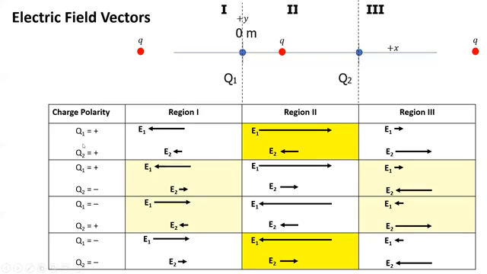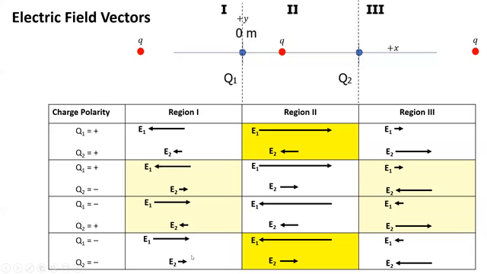Okay, so now let's consider all three regions. Notice that in the white regions, the E field vectors point in the same direction. In other words, the net electric field in region 1, if they're both positive, or in region 3, if they're both positive, is in the same direction. The net E field would never be zero.